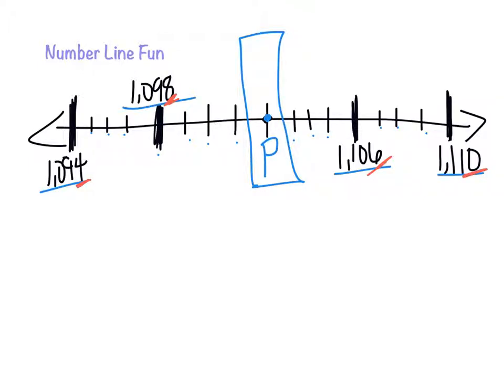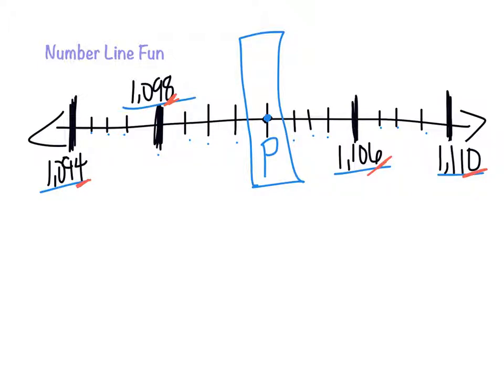Yeah, they're even numbers, right? But if I was counting by 2s, what comes after 4? Right, 6. What comes after 6? The 8. Is that where this 8 is? No. So it can't be counting by 2s. 2s doesn't work.